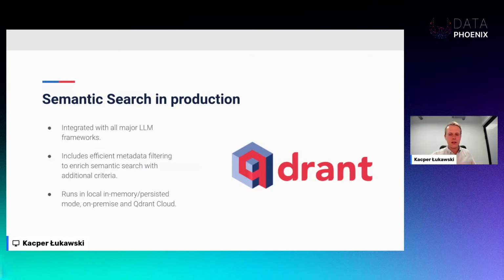We have some additional filtering criteria, so we can not only perform semantic search, but, let's say, if you want to look for a book similar to a given summary, let's say I want to find a book which is about Superman or whatever you can imagine, you can also perform some additional filtering, that the book shouldn't be older than 20 years, for example. This cannot be captured by the vectors themselves, so you need this additional filtering criteria.